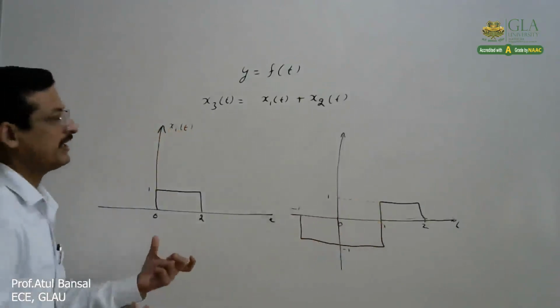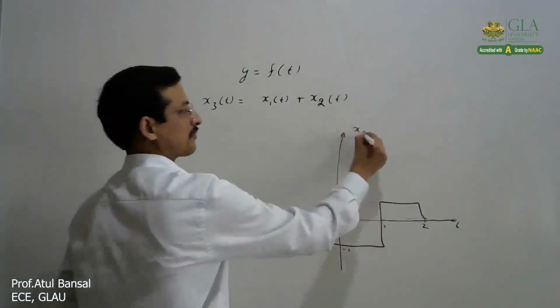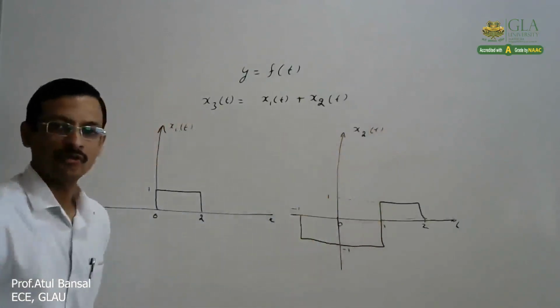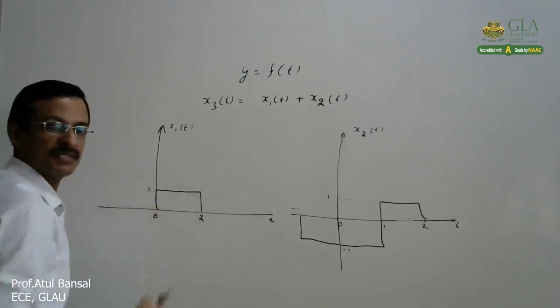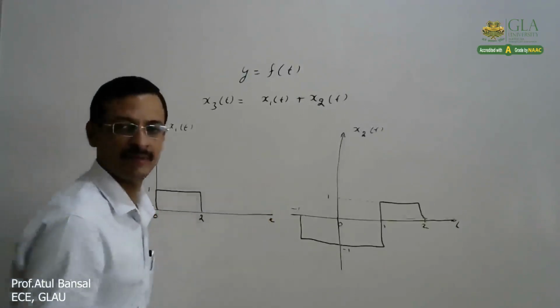Suppose this is x1(t) and this is x2(t). When we want x3(t), we will check from -infinity to +infinity and add their corresponding amplitudes.